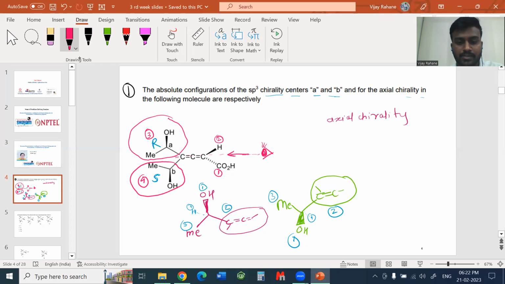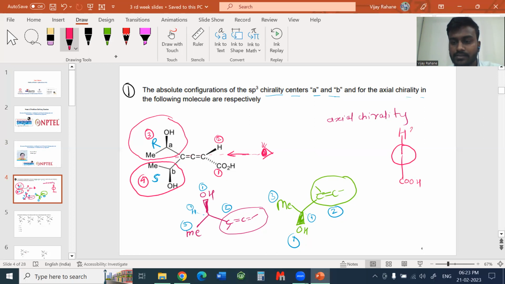So we are seeing from this side. What will be the numbering for this one? You can see the hydrogen is above the plane. So here is hydrogen, and here is COOH.